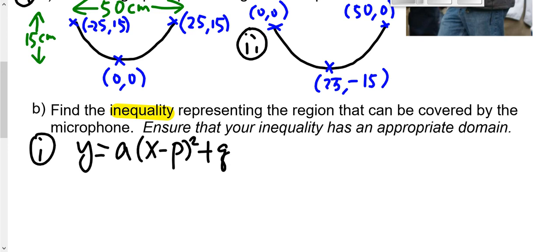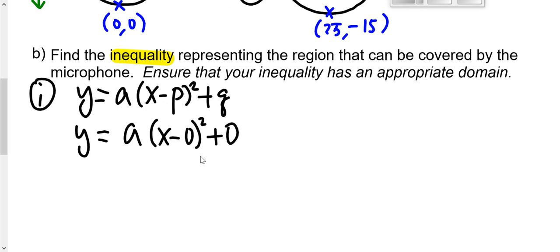In this case, my vertex is 0, 0, so that means my p is 0, q is 0. So plug those in. y equals a times (x minus 0) squared plus 0. We can simplify this a bit, of course. y equals a times x squared plus 0. So like this.